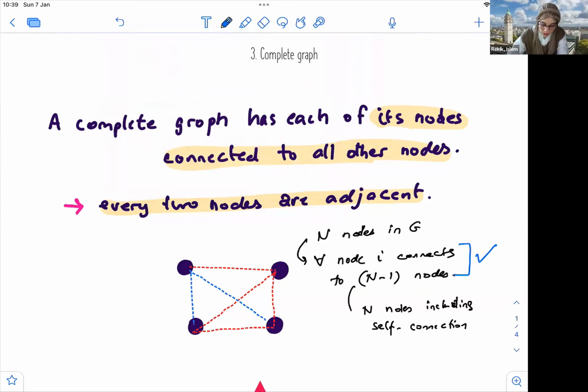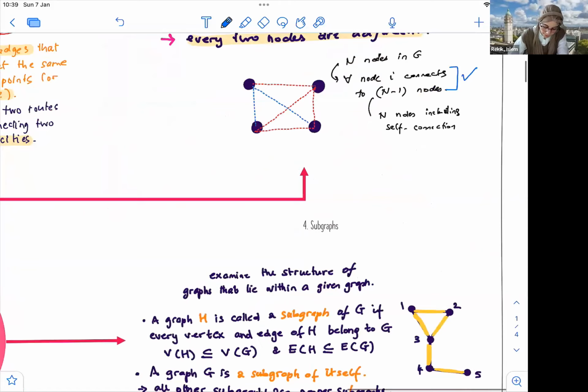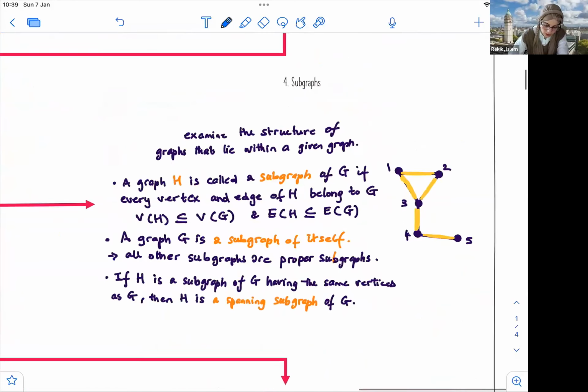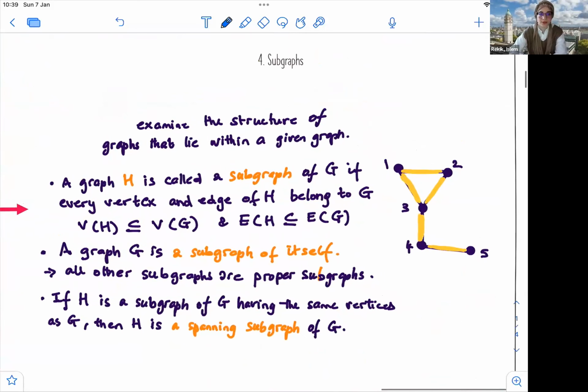Okay, cool. So now we move to the 4th type of graphs, or the 4th definition. So we have a subgraph. How do we define a subgraph? A graph is composed of different smaller graphs, or what we call subgraphs. By examining the structure of graphs, we can define different subgraphs inside it.